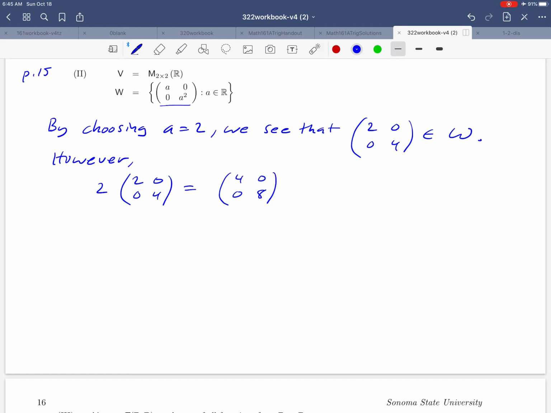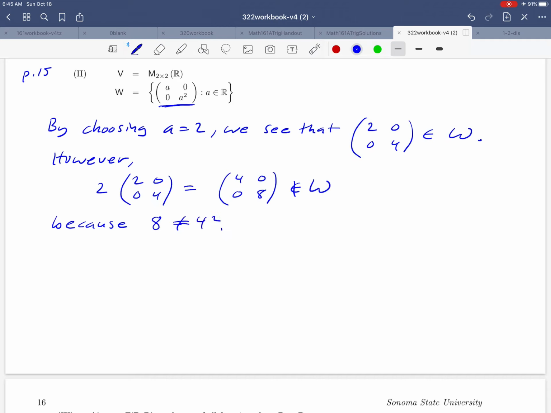And then, what do you think? Is that matrix [[4, 0], [0, 8]] in W? It isn't, because 8 is not the square of 4. It doesn't fit the form up here. We'll just mention that in words: 8 is not equal to 4 squared.